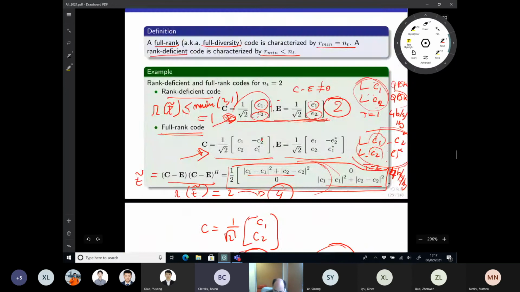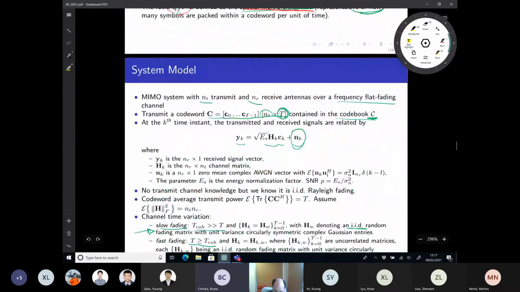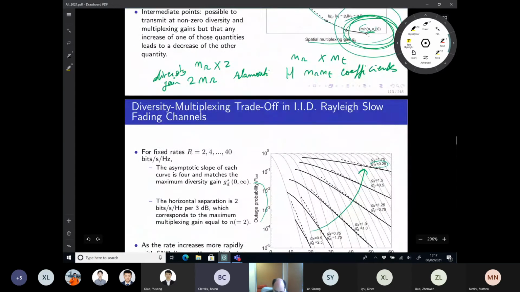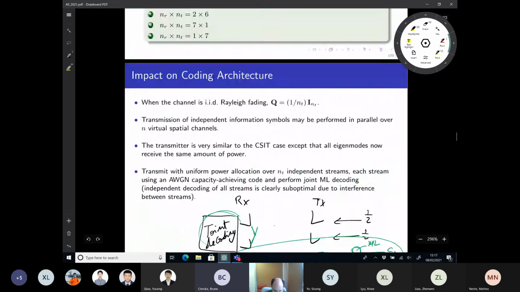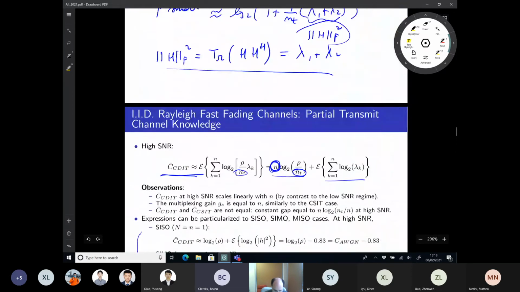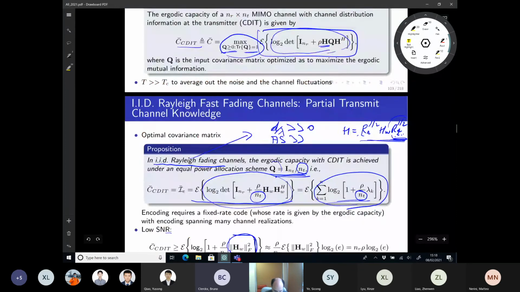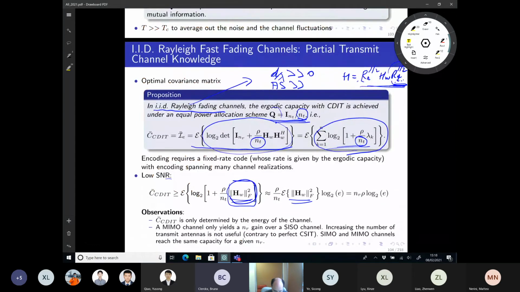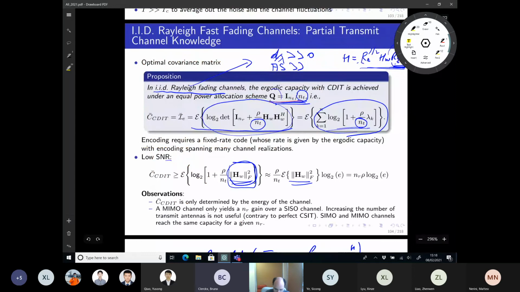So if I go back and look at what we were doing here over fast fading channel, right, this one here, I have an input covariance matrix that is identity divided by NT. This is the same as what we just did before. Remember, I had C as C1, C2, all the way to CNT, now multiplied by 1 over the square root of NT.